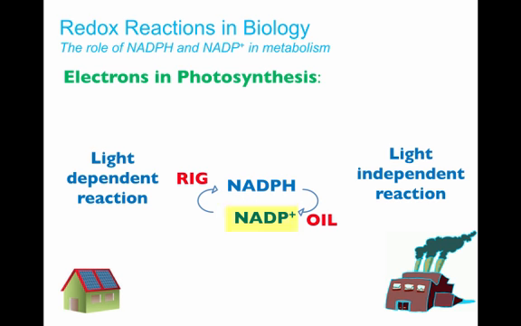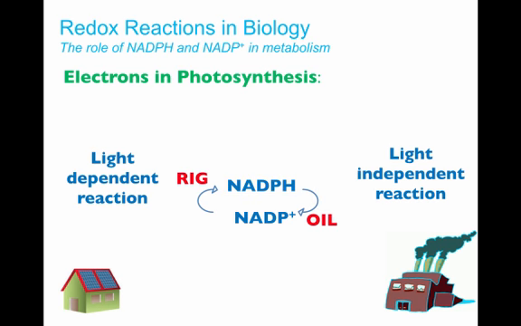Well, what do we know NADP+ can do? It can go over to the light-dependent reaction, pick up an electron, and become reduced. And this process can go around and around with NADPH constantly bringing an electron from the light-dependent reaction to the light-independent reaction, and then going back.